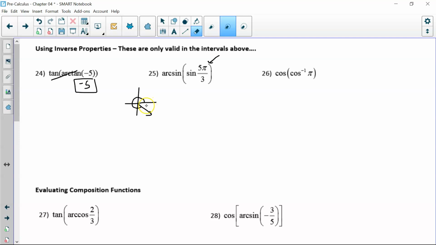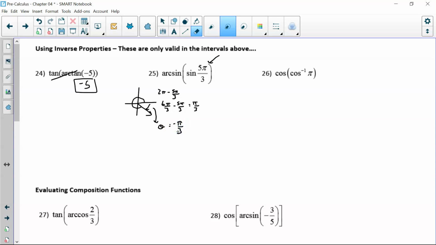Now, its reference angle: if we do 2π minus 5π/3, we get 6π/3 minus 5π/3, which is π/3. But to be in quadrant 4, our angle theta is -π/3.